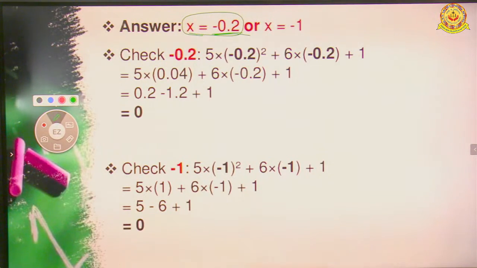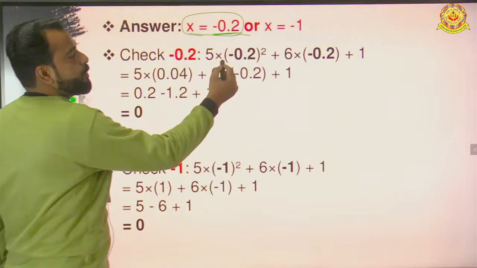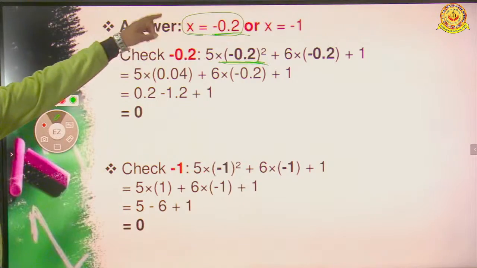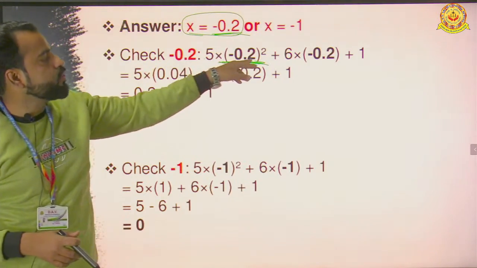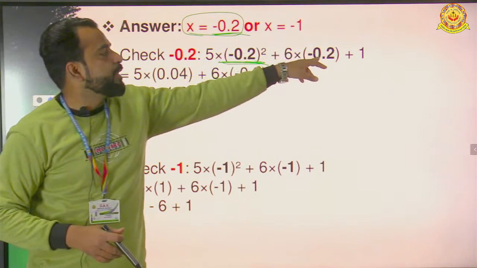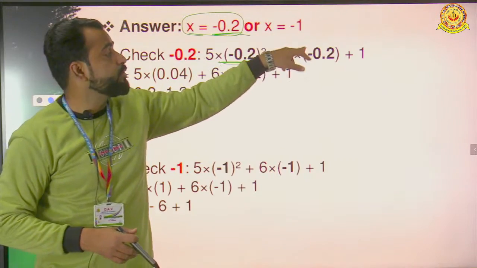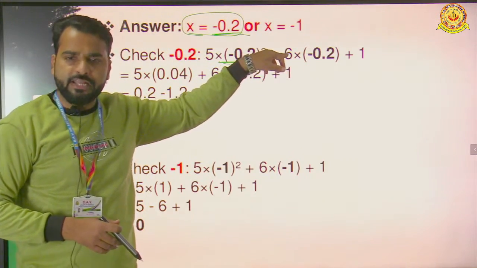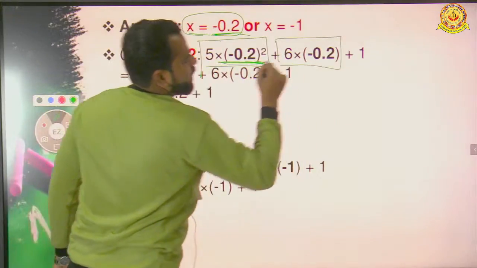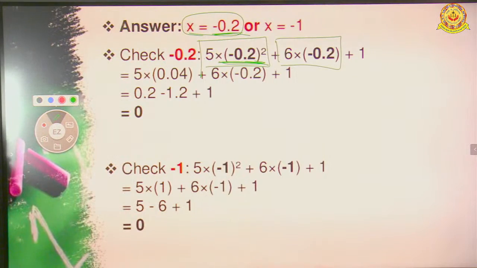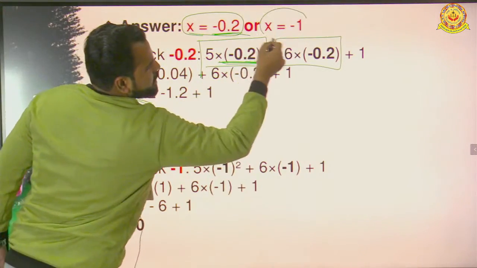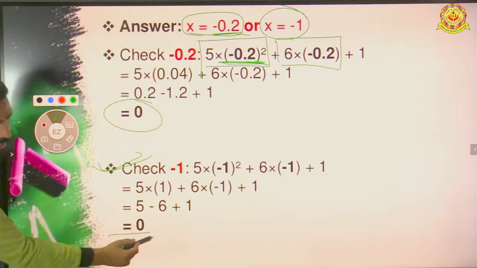By replacing the x value, first you have to make the square because the equation has 5x square. So x value is 0.2 with the minus sign. So minus 0.2 square will be plus 0.04. Multiplied by 6 into x, where the x value is minus 0.2, and plus 1. Now it is only calculation, nothing more than that. So multiply first, then add, and you will get 0 as the answer here. As well as by the second value, x equals minus 1, here also you will get 0.